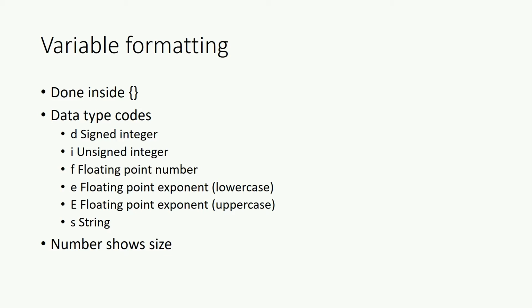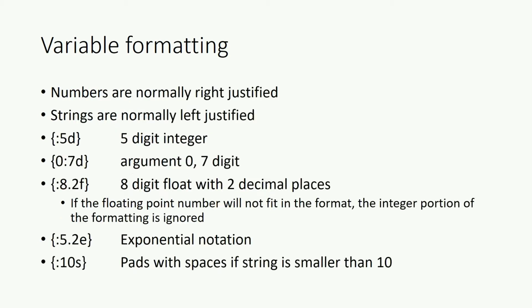We can add numbers to that to indicate the size of it. So here's some examples. Now, numbers are normally right justified. Strings left justified. And then we've got some examples here. :5d indicates a 5-digit integer.